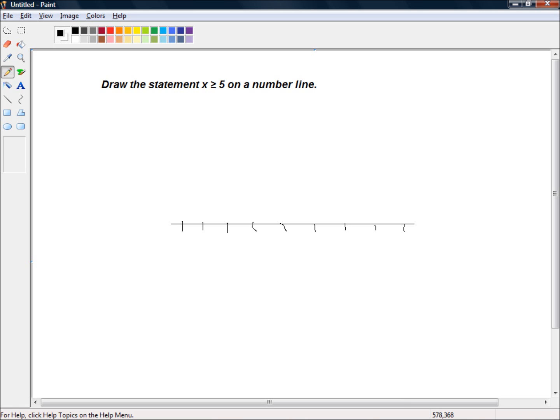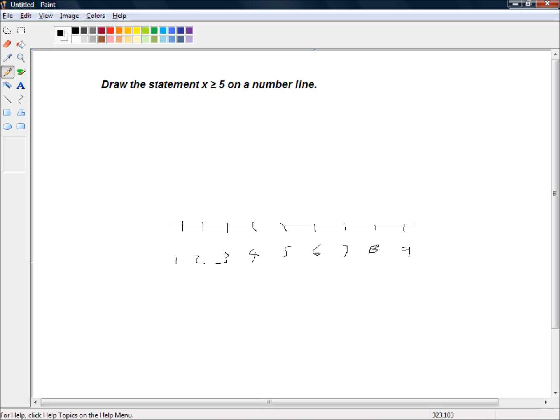And I'm going to put 5 somewhere in the middle, I think. You don't have to go up in whole numbers, but in this case it's nice to do so. That's 4, 3, 2 and 1.